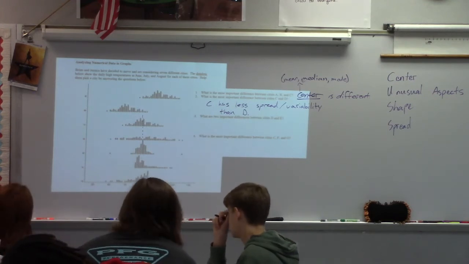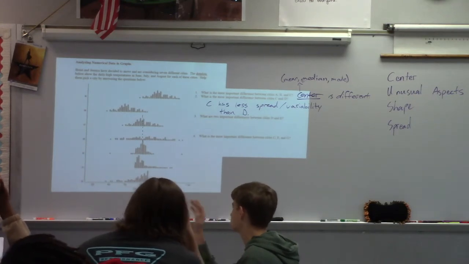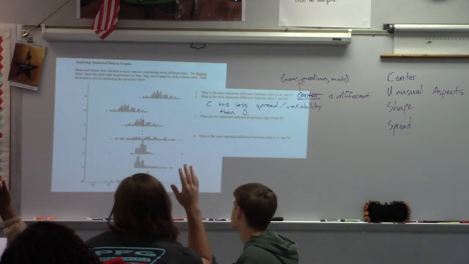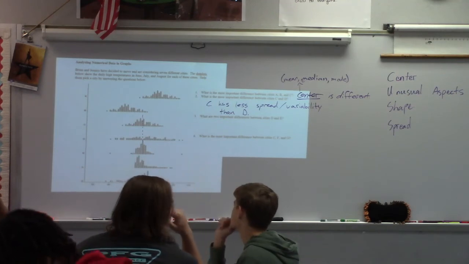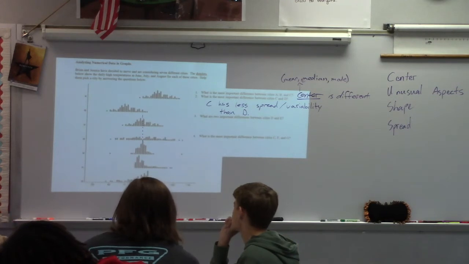Alright, who has something to add in? Emma. D has more spread than E does. Okay, D might have more spread than E does. Madison? There's a higher constant on E, and there's also an unusual aspect. What's the unusual aspect? The fact that there's a huge gap between like 72 and 60.